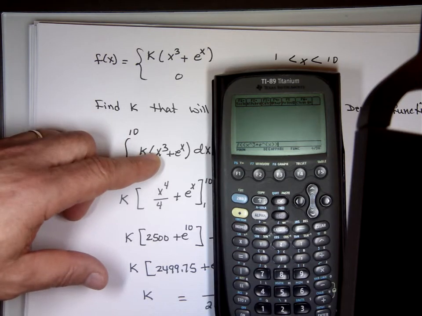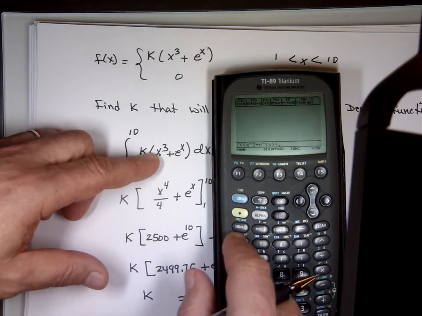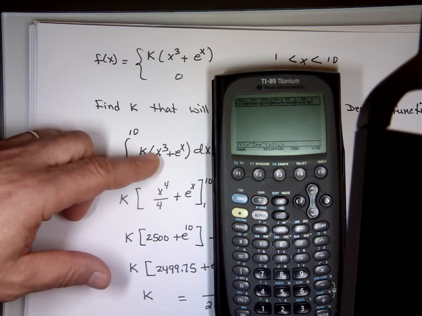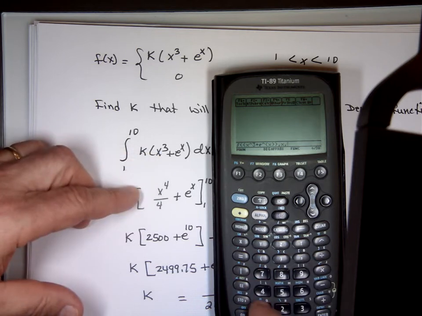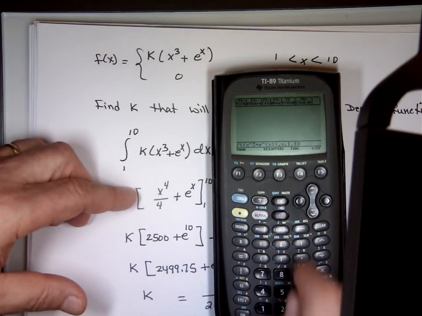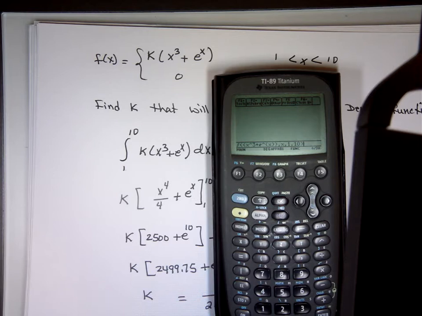I got to put comma now. Integrate with respect to x. That's what the comma tells you. Comma from 1 to 10. Close that. Now if I hit enter, it should write that problem for me and give me the answer.